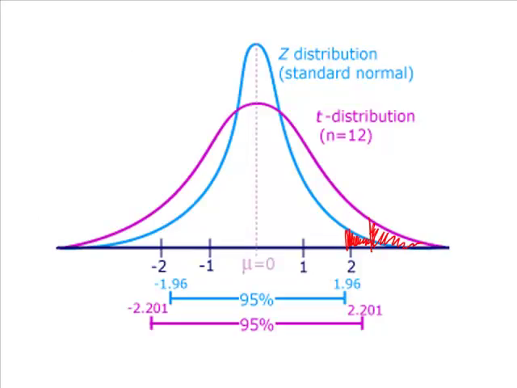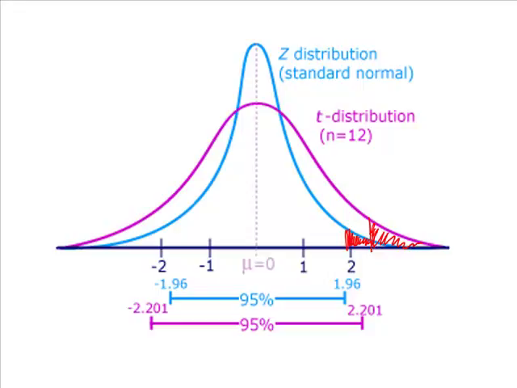is that when you have small sample sizes, the normal distribution gets shorter because more of the area gets pushed out into the tails. If we compare the blue line to the purple line, they both have the same shape, and the only difference is the variability.